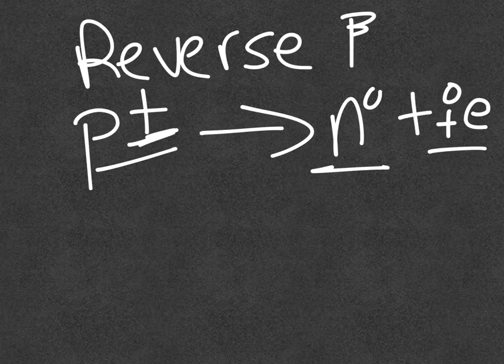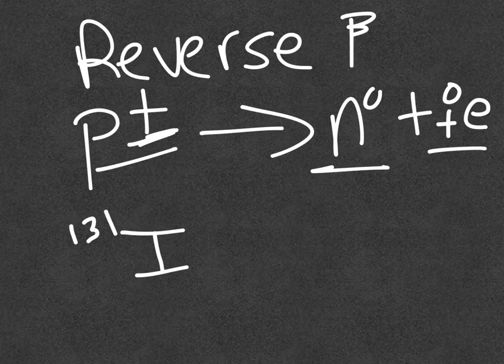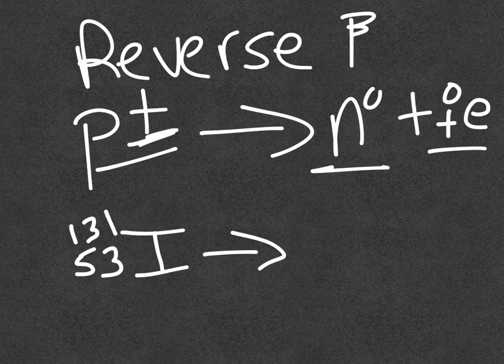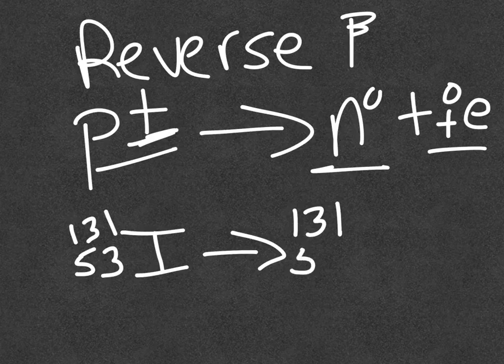So how this looks for a nuclear equation is, let's take iodine-131. Iodine's number 53. Let's say it goes through a reverse beta decay. So the proton changes itself to a neutron. The mass stays the same, but I lost a proton.